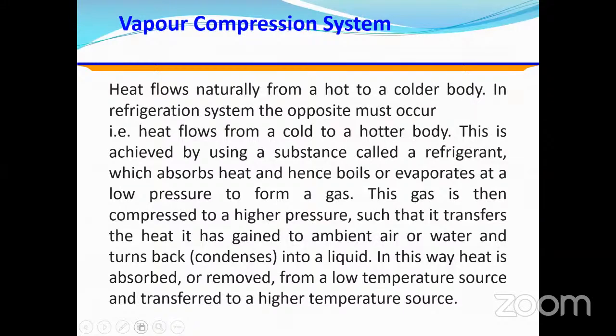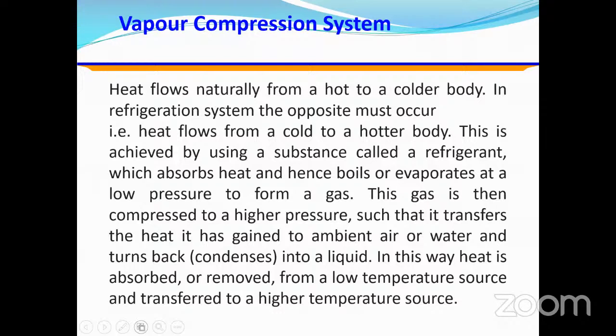Vapour compression system. Heat flows naturally from a hot to a colder body. In a refrigeration system, the opposite must occur, that is, heat flows from a cold to a hotter body. This is achieved by using a substance called refrigerant, which absorbs heat and hence boils or evaporates at a low pressure to form a gas.